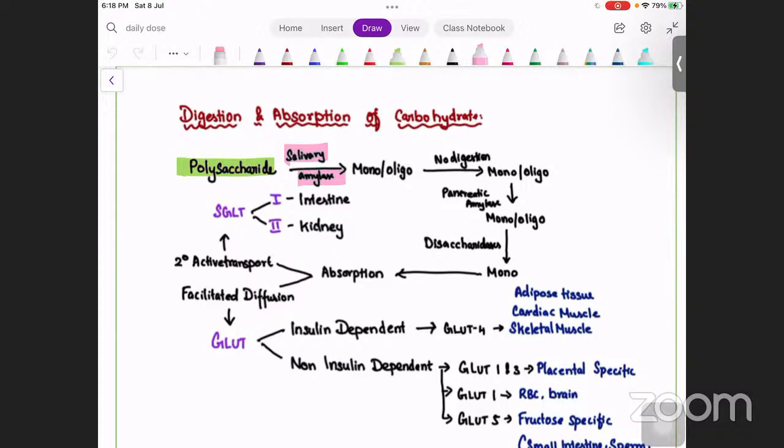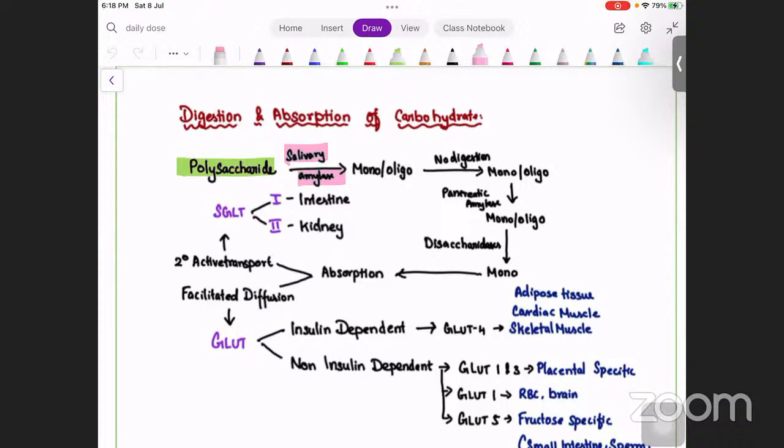Remember one fact: ptyalin will not work whenever the pH is less than 3.0. So no digestion is happening in the stomach. Then it goes to your intestine, where it meets the pancreatic secretion and bile duct secretion.